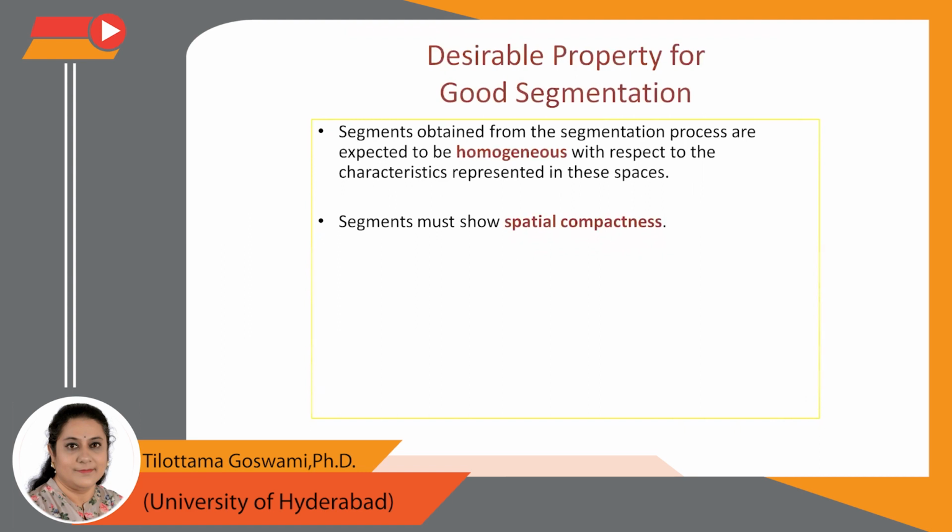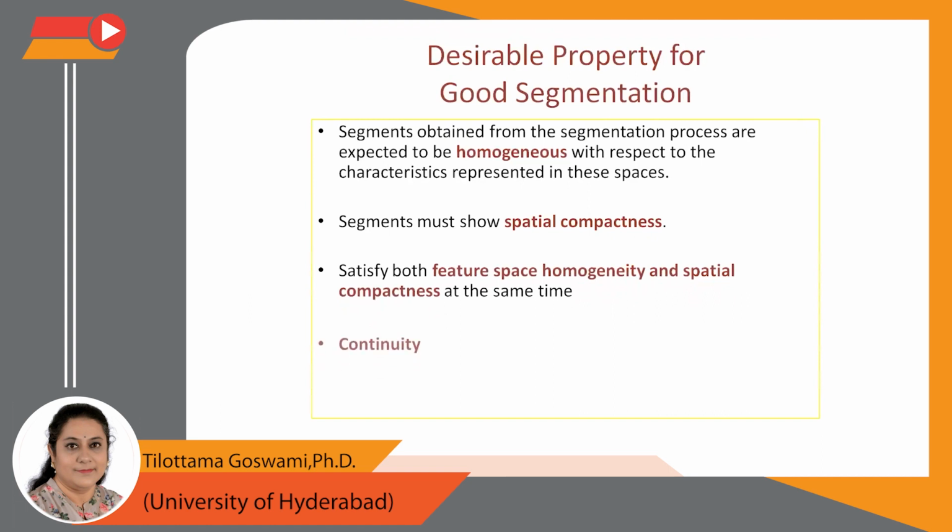The regions with similar properties are grouped as one. Both feature space homogeneity and spatial compactness should be satisfied at the same time. Each segment should be complete in its totality. Psychovisual perception is subjective in nature, but we have to try to minimize that subjectivity and convert certain factors to objective ones in order to do a performance analysis at a later stage.